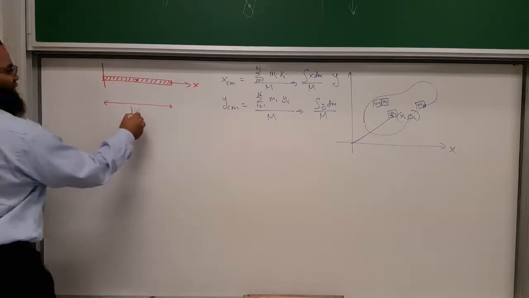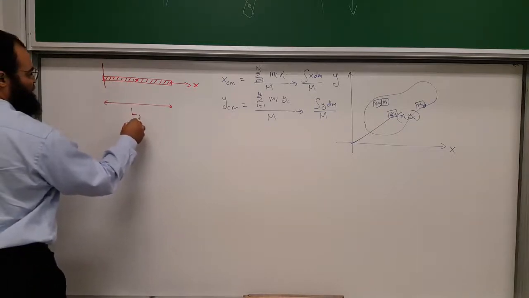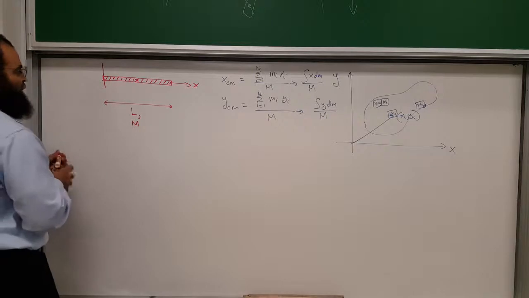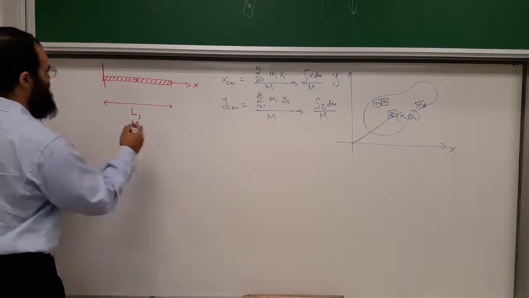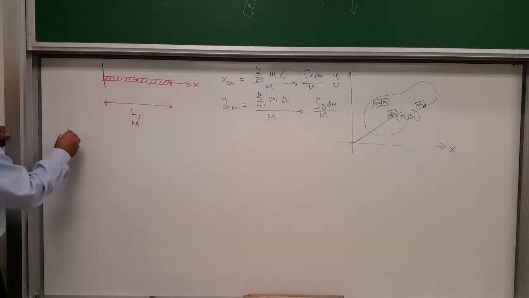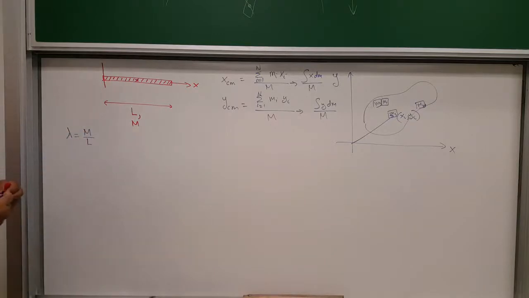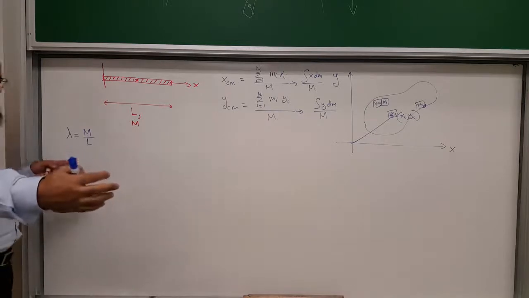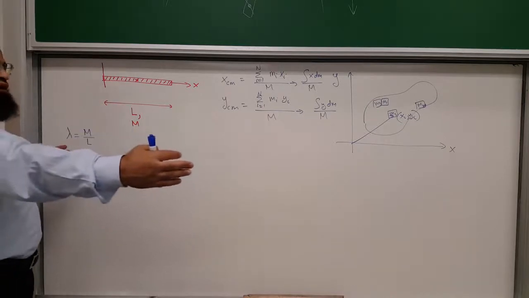And since the mass of this rod is capital M, we will have something called the linear density, lambda, and it is the mass divided by length, the mass per unit of length. Let's say I have a meter stick and it weighs a kilogram.